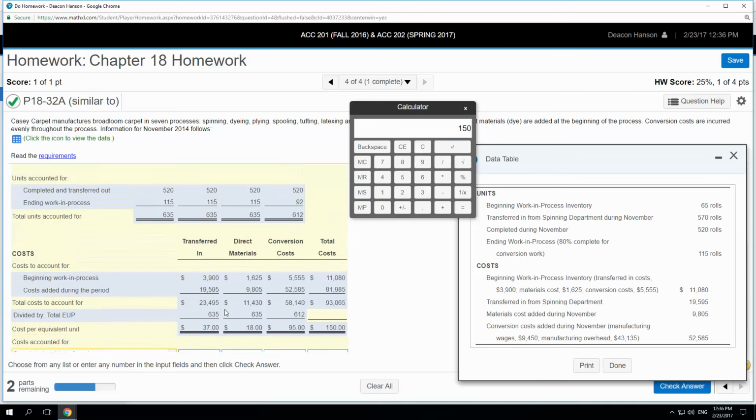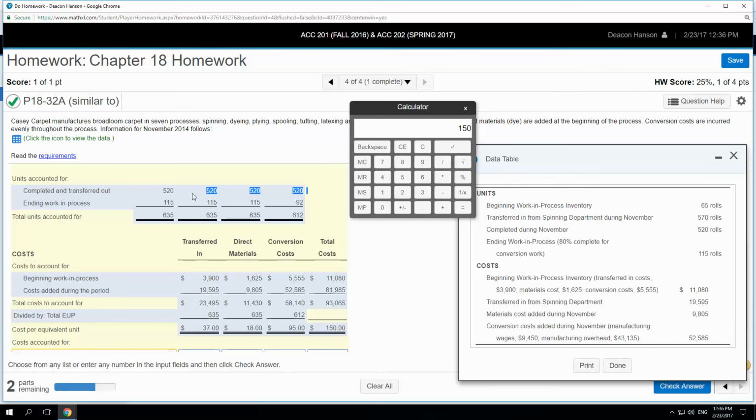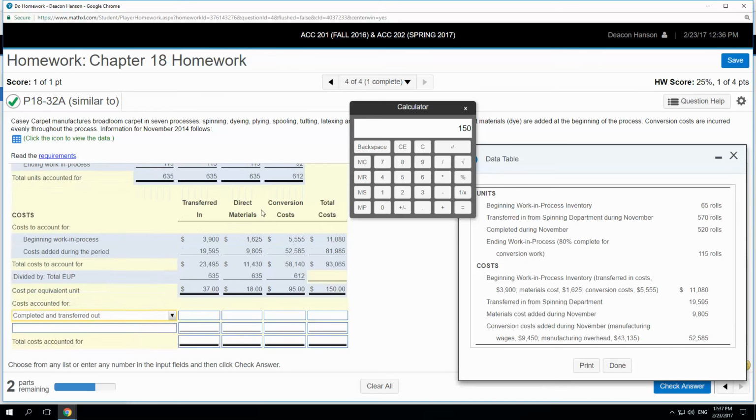All we need to do now is take the number of units in each category that were completed and transferred out and multiply those amounts by the cost per equivalent unit for each category. So we're lucky, it's all 520 in terms of units. So I'm going to take 520 times 37 for the transferred in amount. I'm going to take 520 times 18 for the direct materials amount.